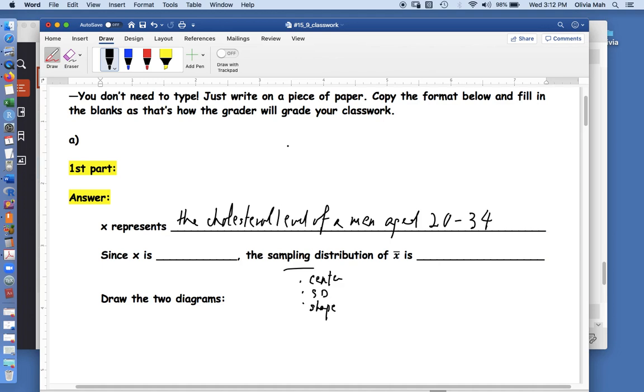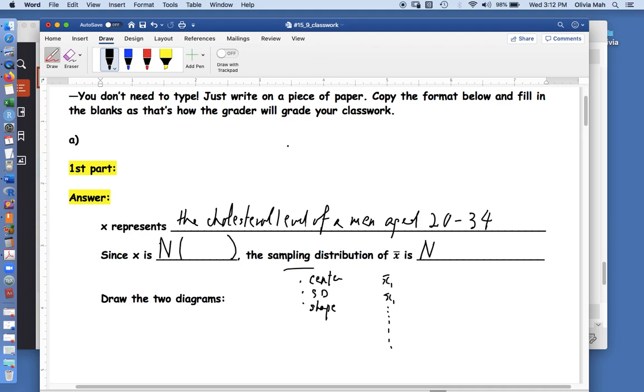When you draw a histogram of all the sample means, what's the shape? Since X is normal, the distribution of the sample mean is also normal. That means if X is normal, when you have many sample means, these sample means are also normally distributed.